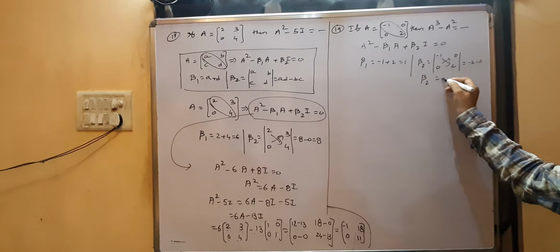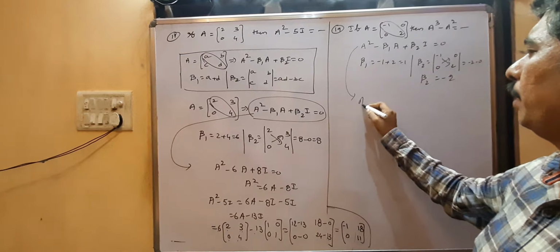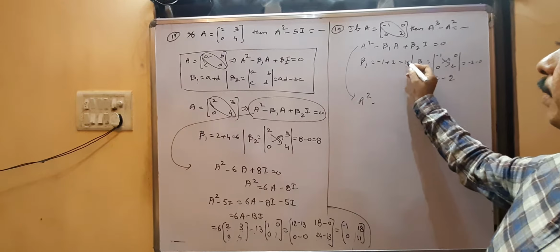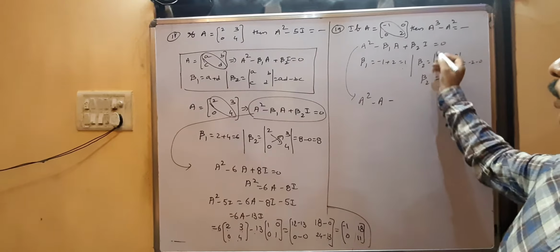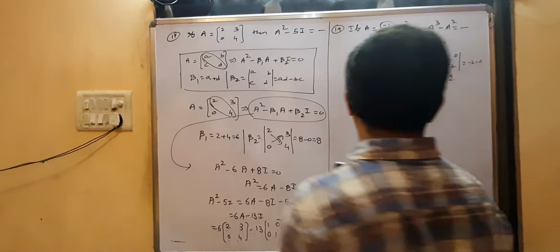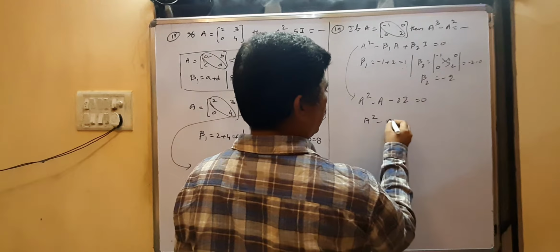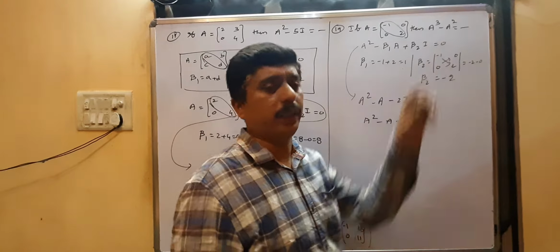So beta 2 is minus 2. So this equation becomes A square minus 1 into A plus minus 2 into I equal to 0. From this, A square minus A equals 2I.